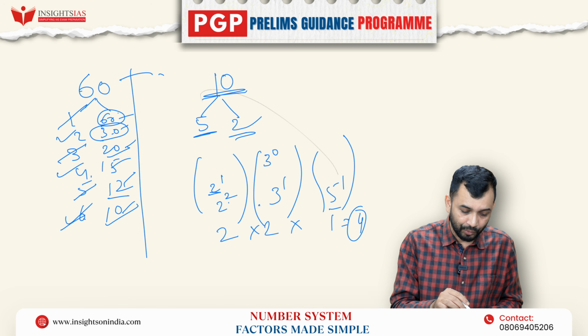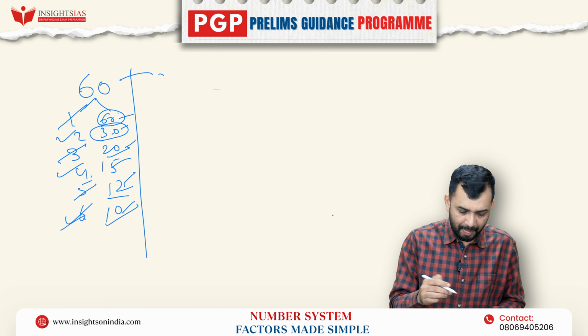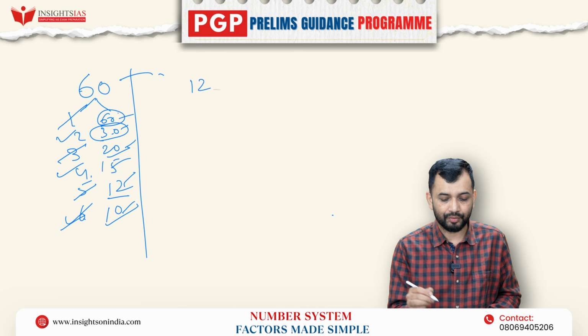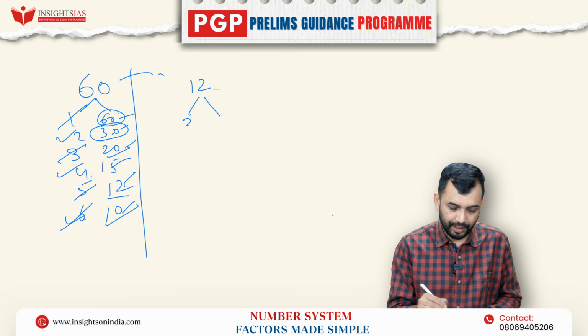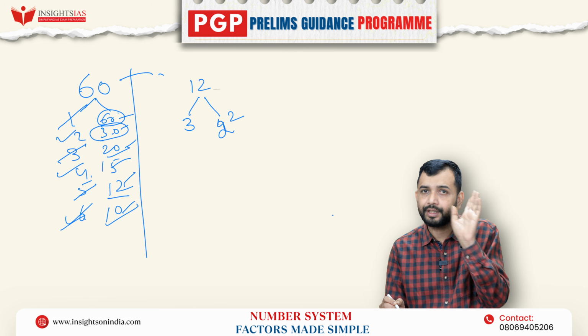Now, if they are asking how many multiples of, let's say, 12 are there. 12 is what? 3 into 4, and 4 is nothing but 2 squared. That is, minimum two 2s should be there and one 3 should be there.